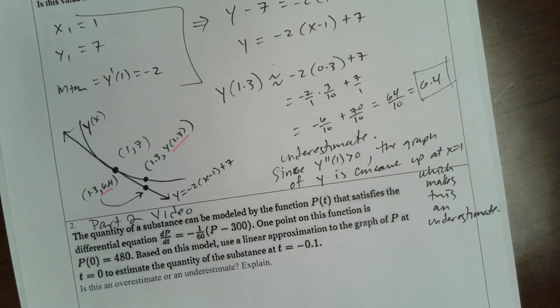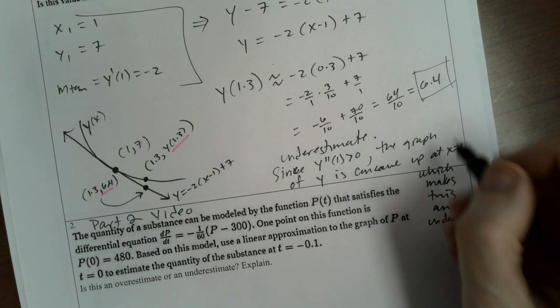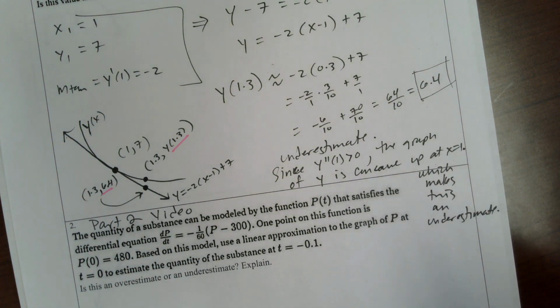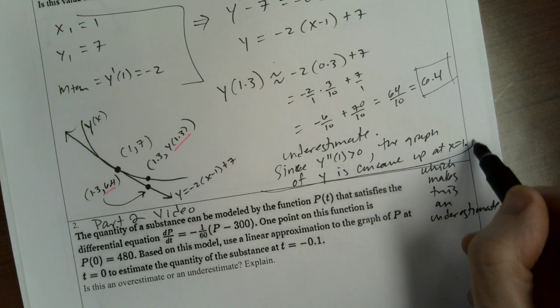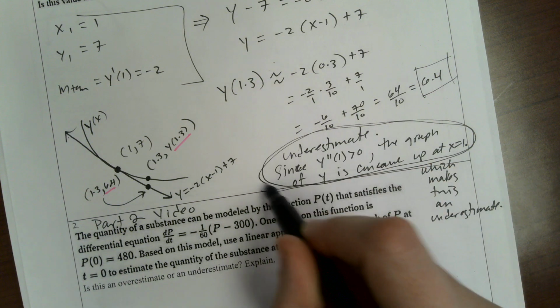I probably was a little bit wordy there. You could have stopped here, guys: concave up at x equals 1. That's enough. That would be good. Underestimate.